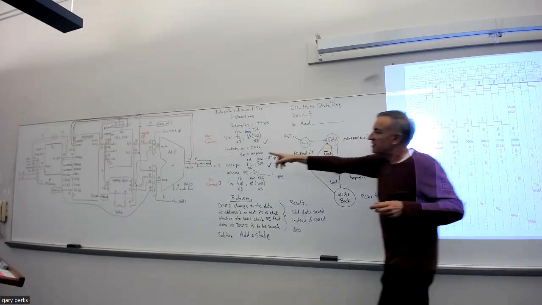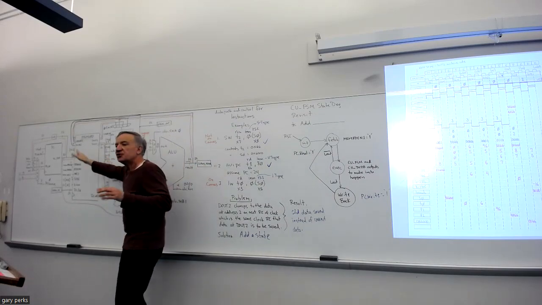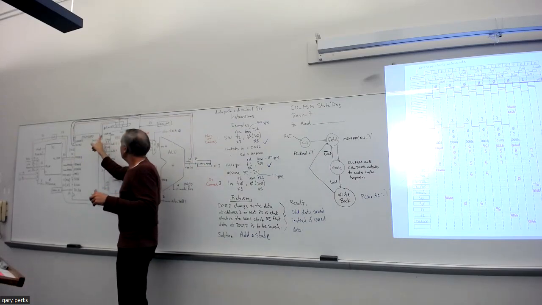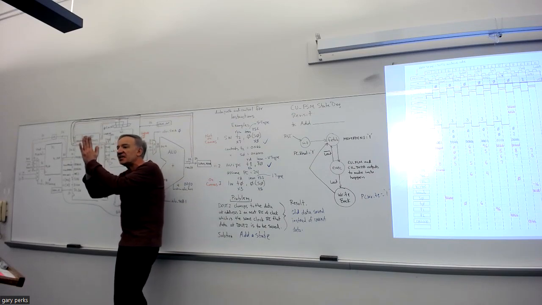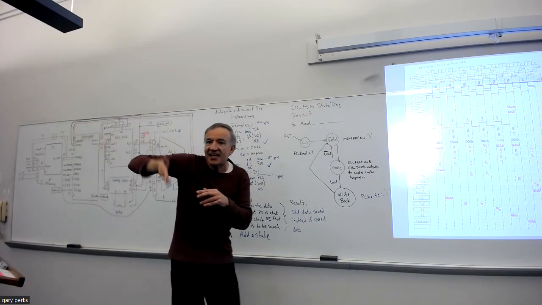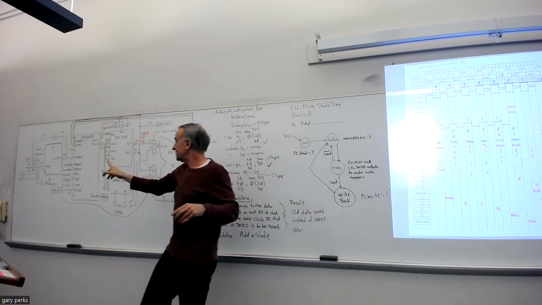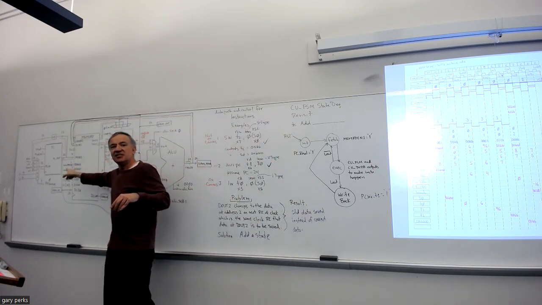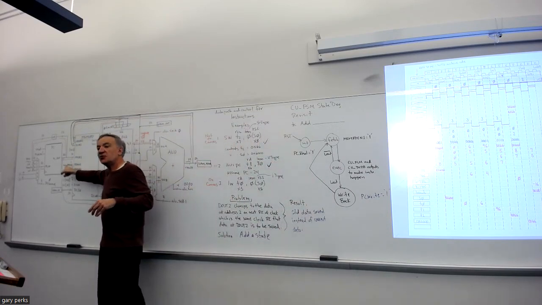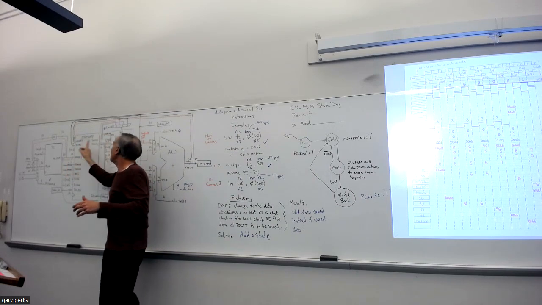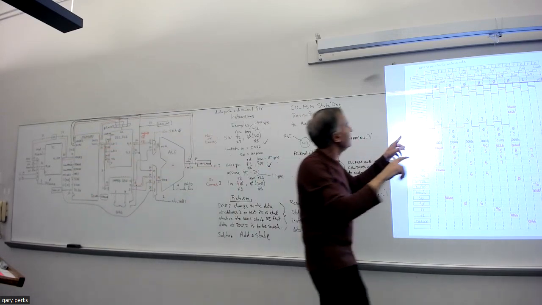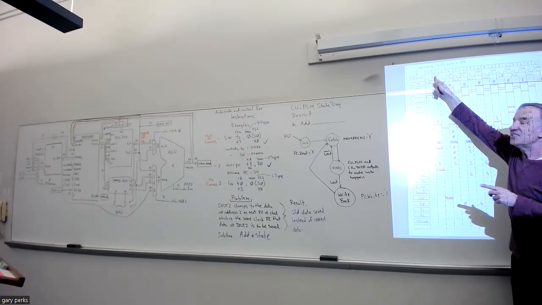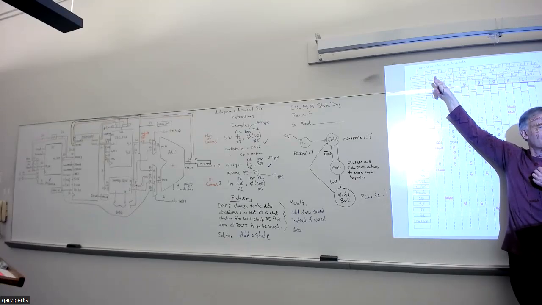So this read enable is set to 1 during fetch, and the instruction will appear at DL1 right at the beginning of the execute state, because it took that clock edge. This is a synchronous read. So in addition to read enable being a 1, we also need a clock edge for the instruction machine code to appear at DL1. That's why you see the instruction here. Does that make sense?